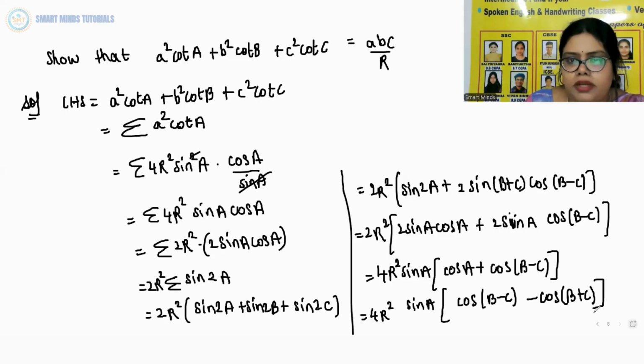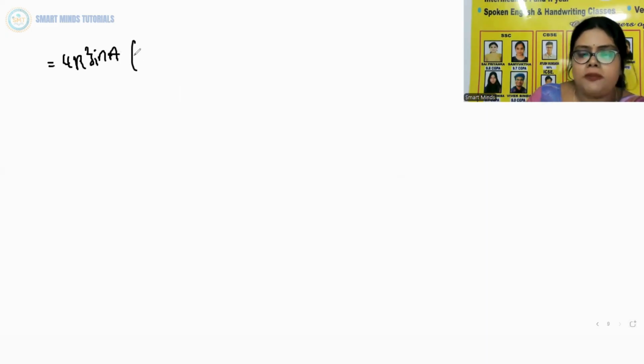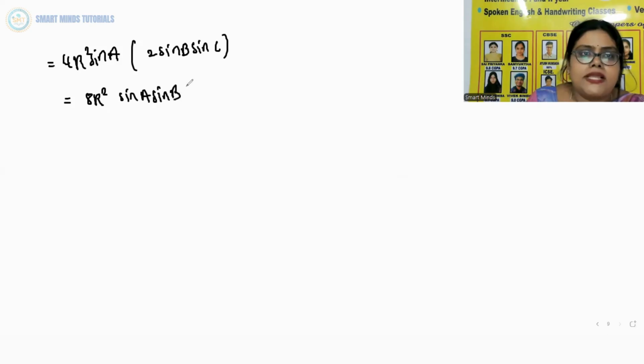Now let's see how to continue. So that is equal to 4R square sine A, and now we have cos (B minus C) minus cos (B plus C). That is the formula for 2 sine B sine C. So that is equal to 8R square into sine A sine B sine C. Now from the properties of triangles formulae, we know that sine A can be written as a by 2R, from the sine rule.